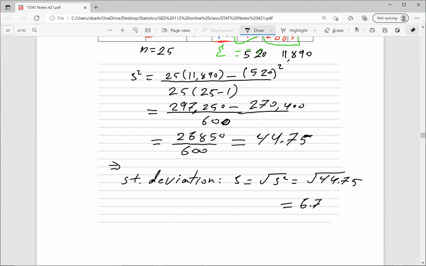So this is the standard deviation for the given grouped frequency distribution.